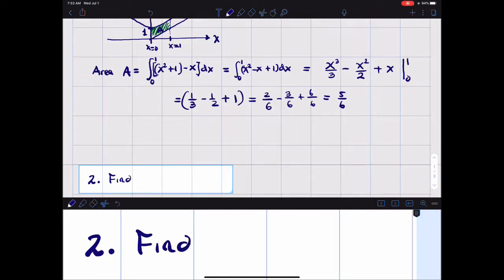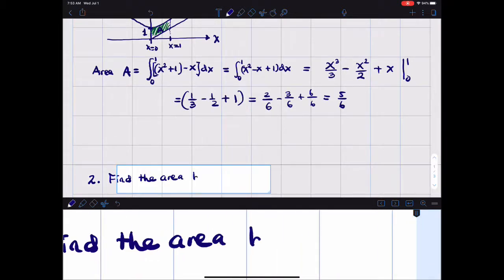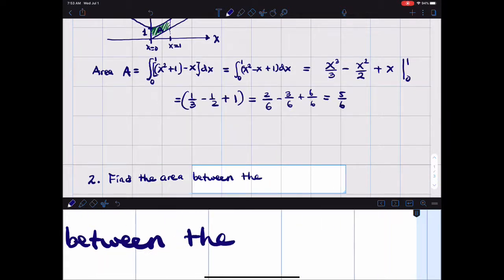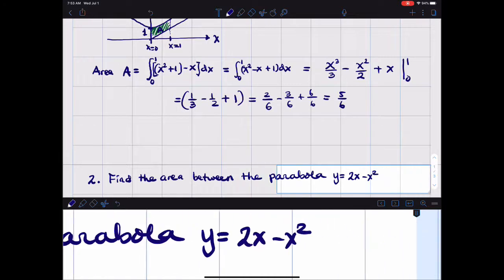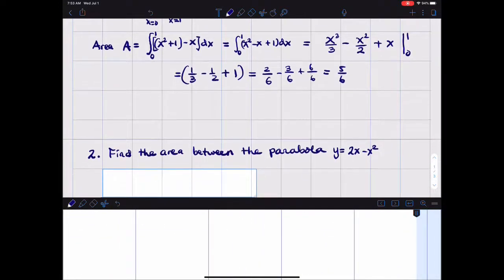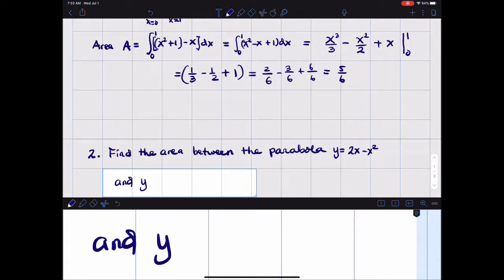I'd like to find the area between the parabola y equals 2x minus x squared and y equals x squared. I'm going to sketch it for you.